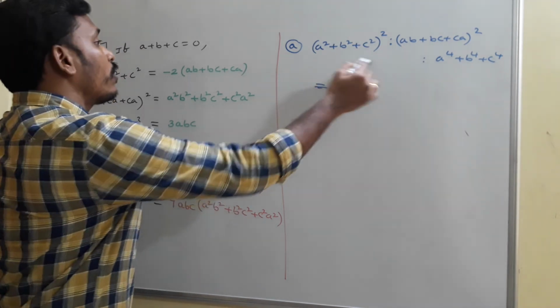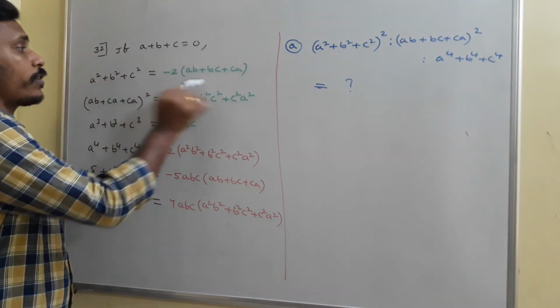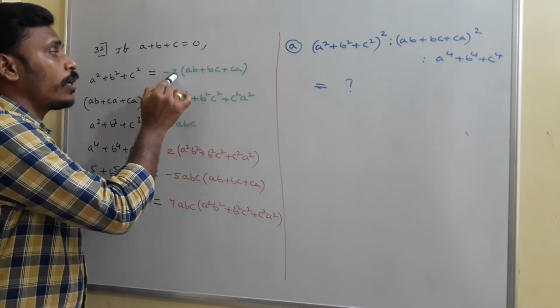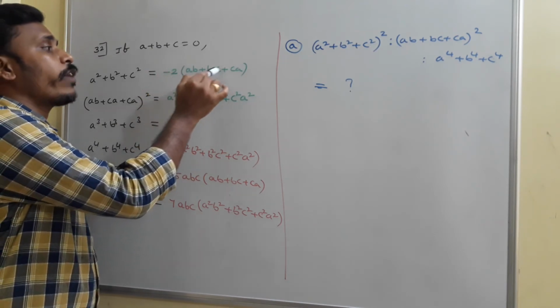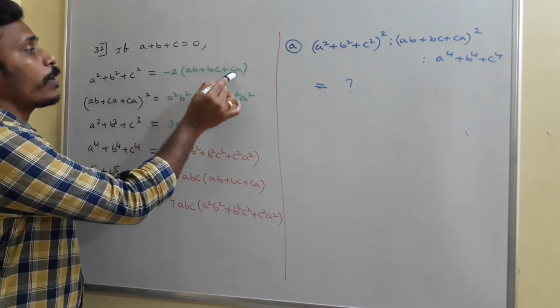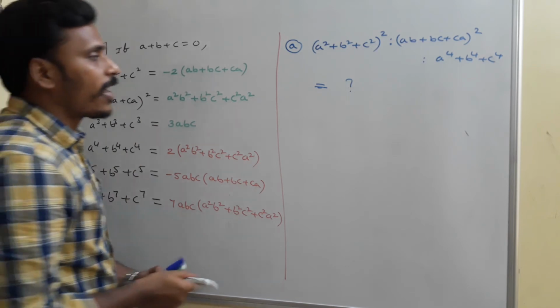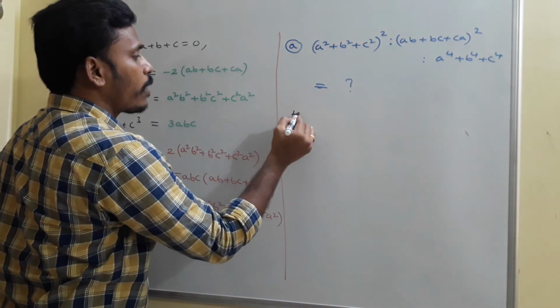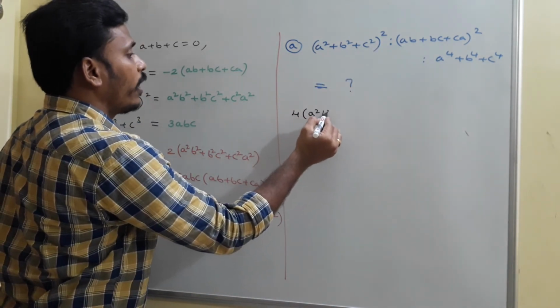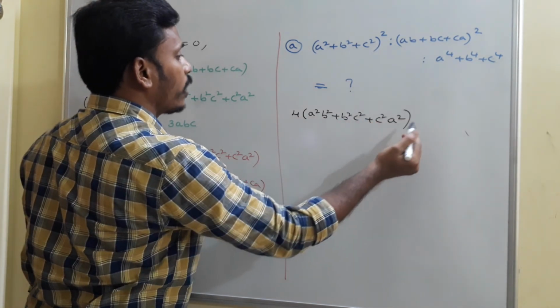But what do you say about this (A square plus B square plus C square) whole square, which is the square of the first one? The square of the first one gives you 4 times of (AB plus BC plus CA) whole square, and that is again, using this one, 4 times of A square B square plus B square C square plus C square A square.